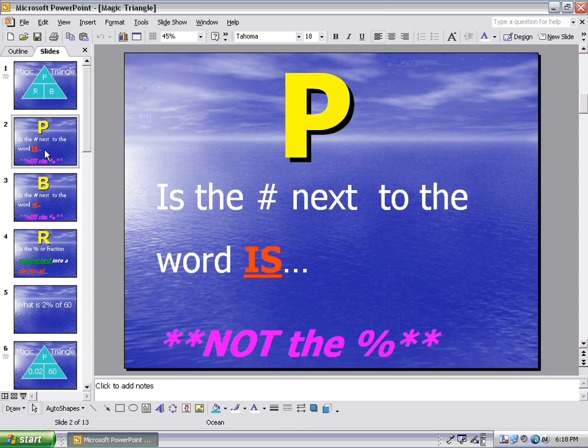Remember, it's not the percent. The second one we're talking about is the B. This is the number next to the word of. Notice again, it's not the percent. If there is a number next to the word of, you take the number and you put it in the place of the triangle where the letter B goes.